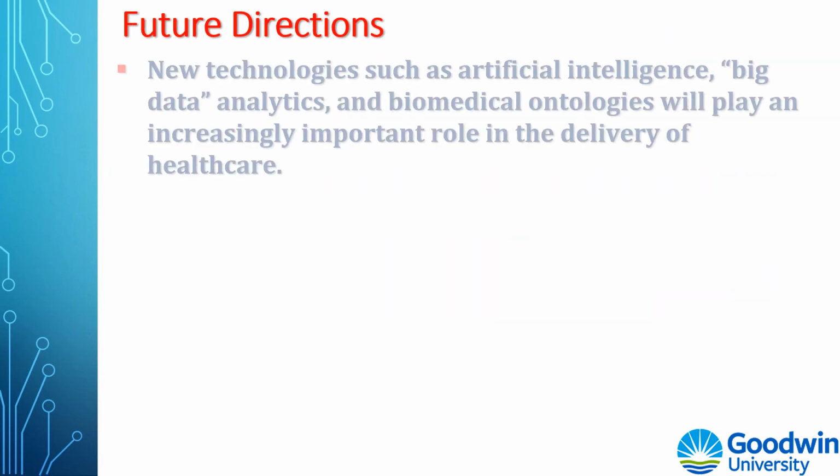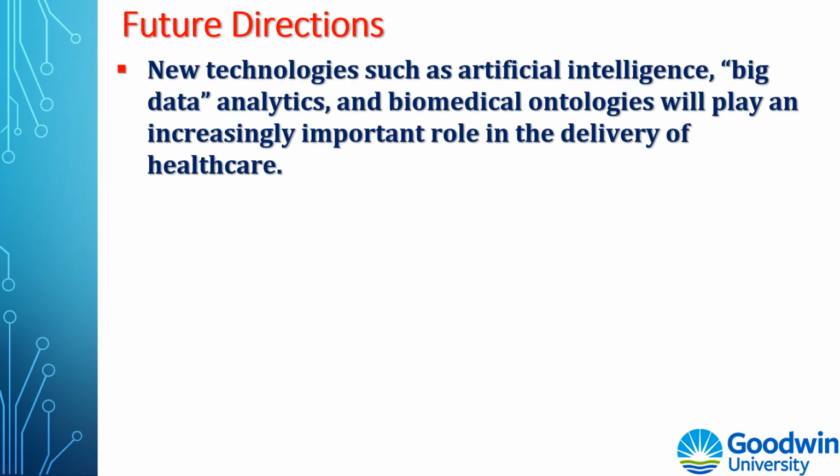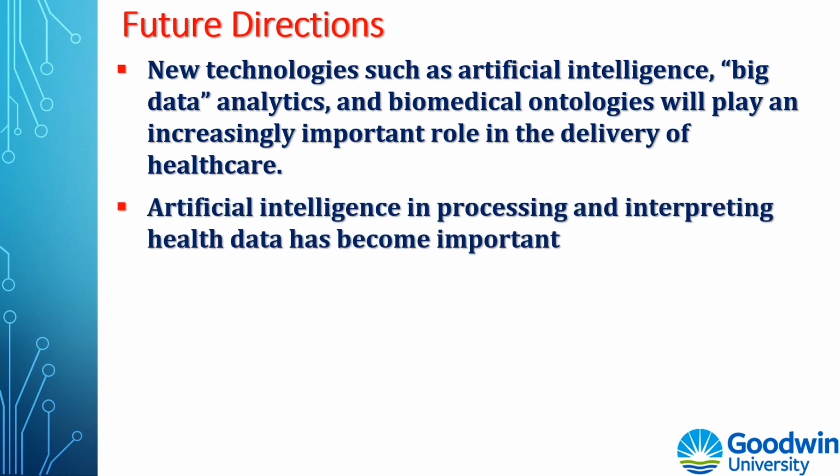Okay, so future directions for this is that new technologies such as artificial intelligence, big data analytics, and biomedical ontologies will play an increasingly important role in the delivery of healthcare. Artificial intelligence in processing and interpreting health data has already started to become important.